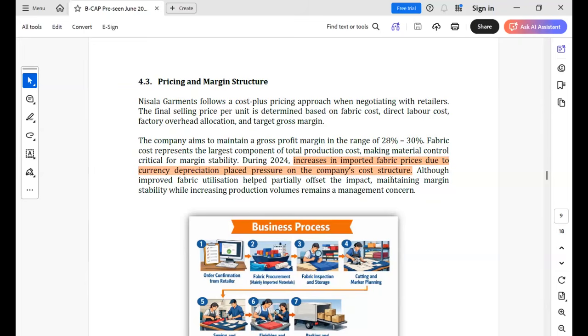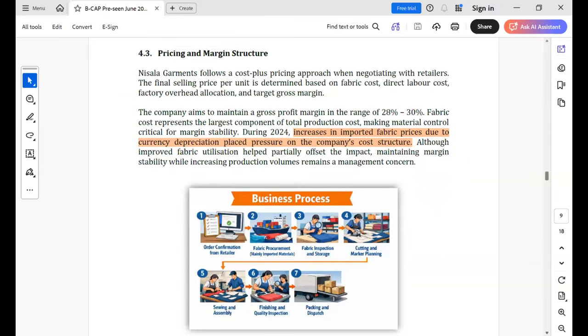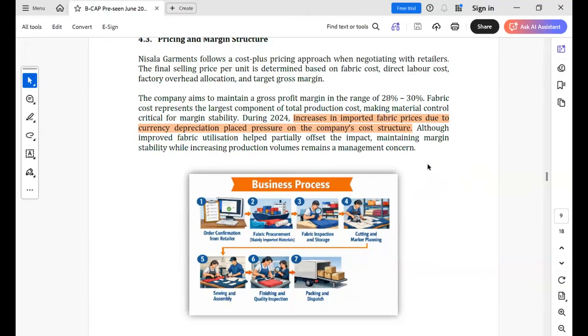But those impacts are not there if you purchase locally, right? So that gives the indication to focus not only on the imported fabric, but look at the local manufactured fabric as well, right?